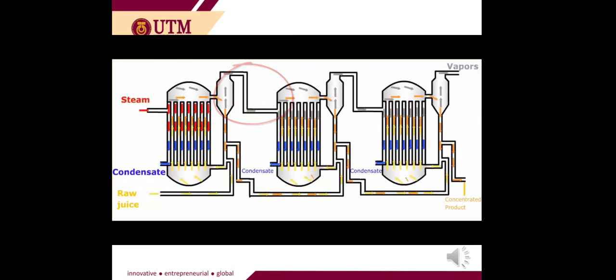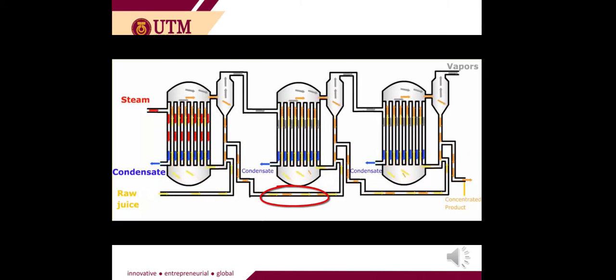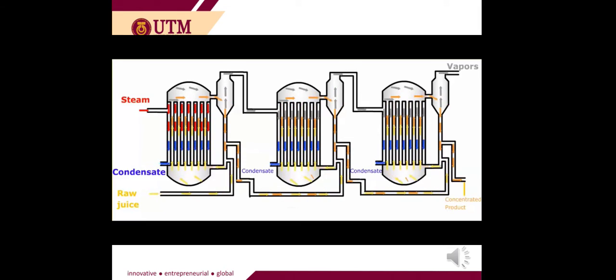Note that the heating medium in the first effect was steam, and now for the second effect, the heating medium is the vapor that is coming from the first effect. Those vapors will then condense in the heating section and they will leave as condensate. Now the concentrated stream from the first effect is then fed into the second effect at the bottom of the heating section, and it rises through the heating section to the top.